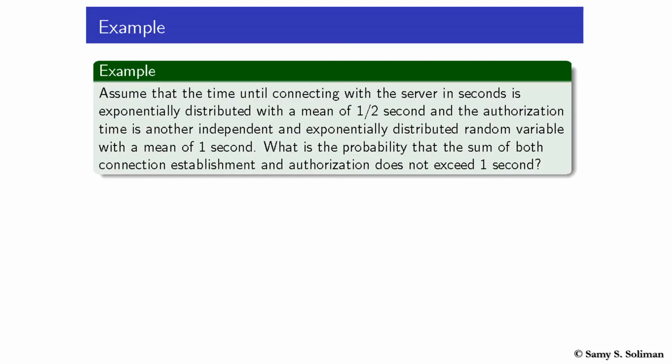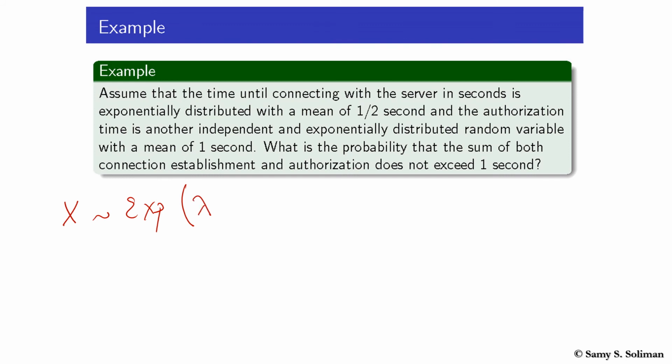This is another example where we assume that the time until connecting with the server in seconds is exponentially distributed with a mean of half a second. So let's call this a random variable x, and since it is exponential with mean equal to half, recall that the mean of the exponential random variable is 1 over lambda.